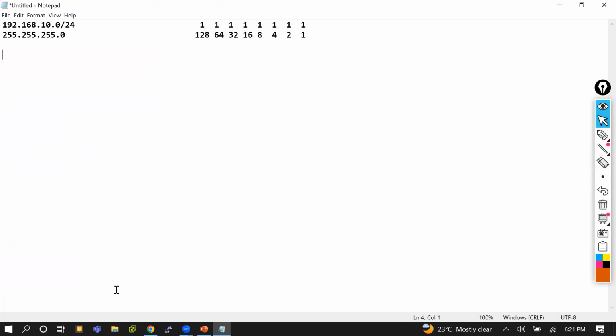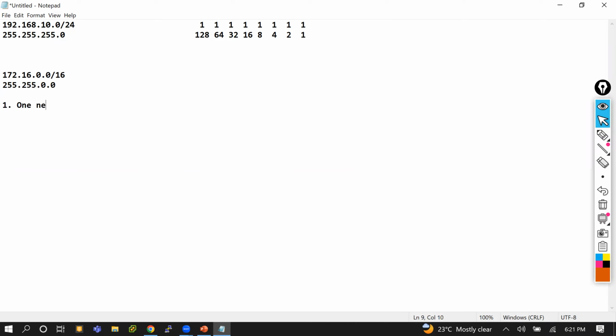Yeah, sure. So next is 172.16.0.0 slash 16, subnet mask 255.255.0.0. Okay.